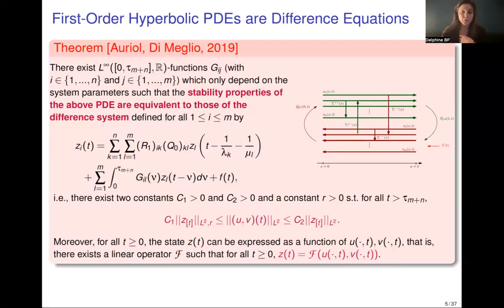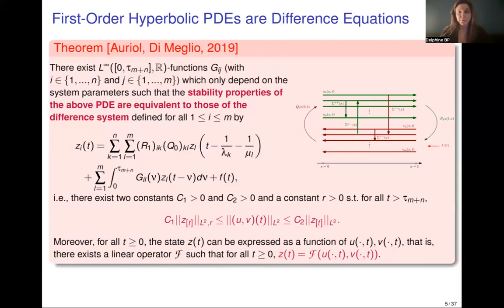So according to this formula, as we have this equivalence, so this upper and lower bound, if you stabilize Z, you stabilize U and V, and the same the other way around. If you stabilize U and V, you stabilize V in terms of time. And moreover, you also have exponential stabilization and asymptotic stabilization, if you wish to translate the properties.